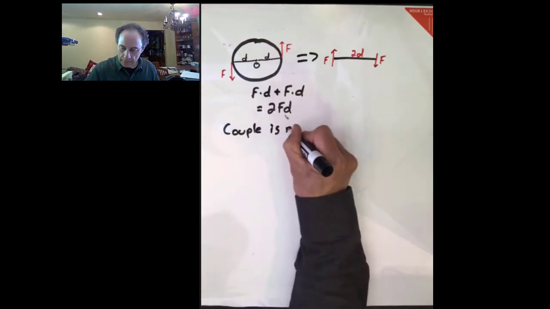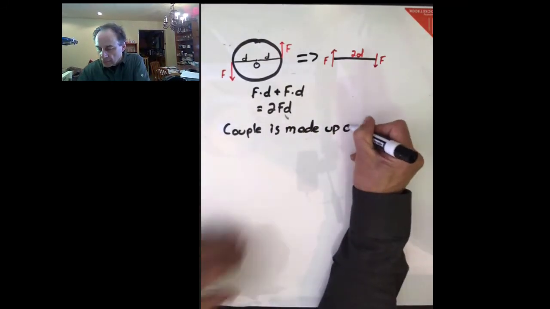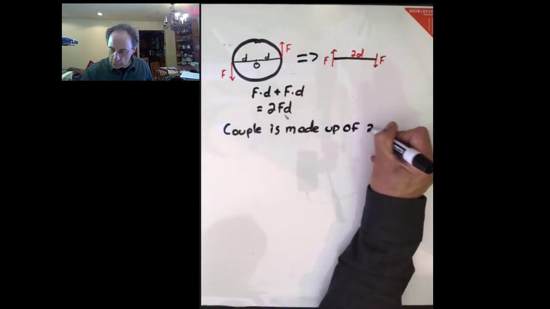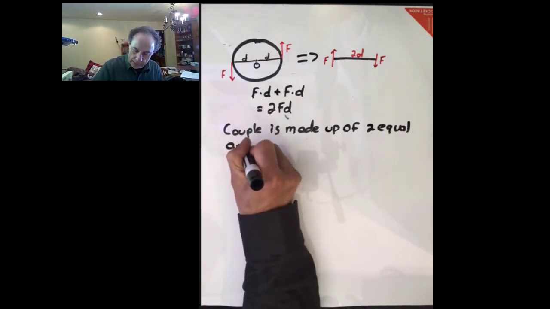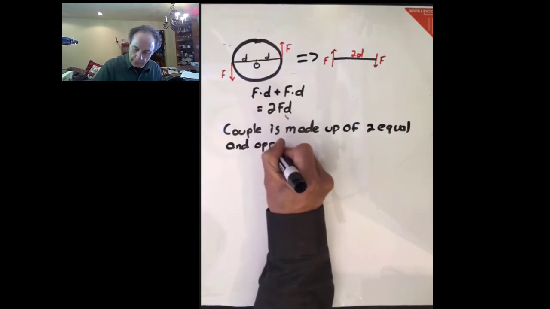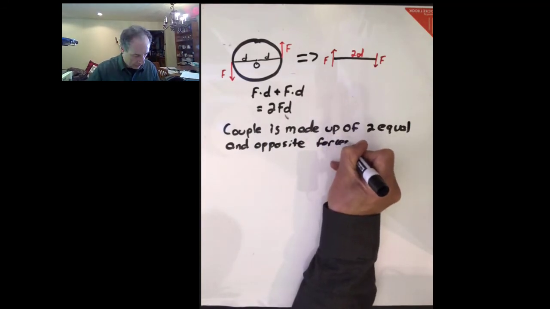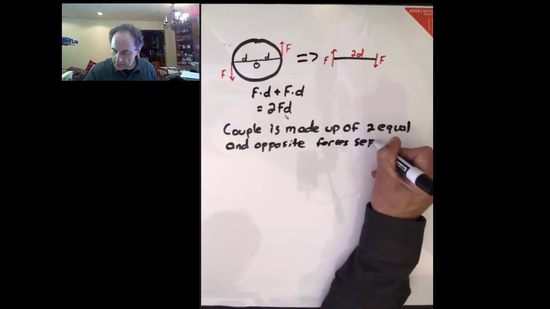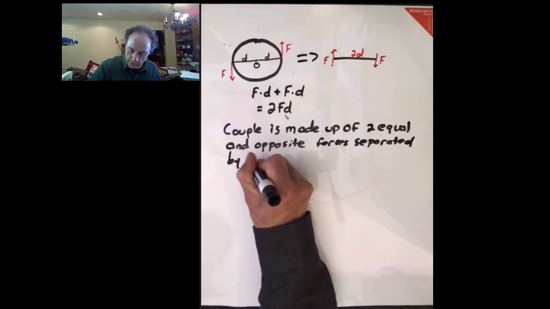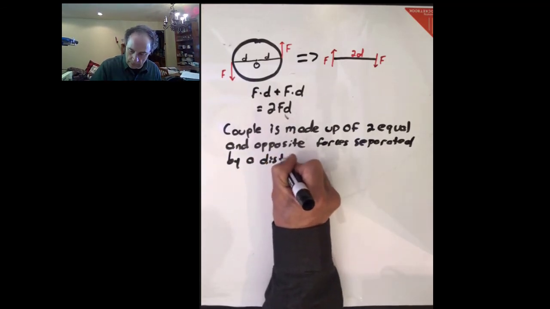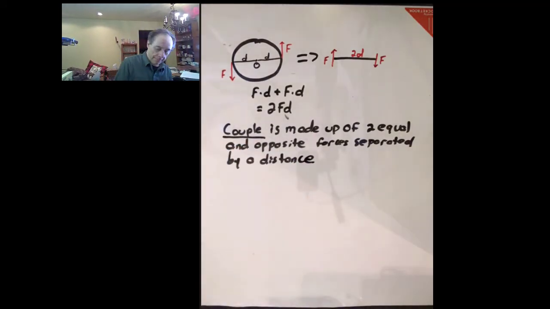All right, so a couple is made up of two equal and opposite forces separated by a distance. Okay?